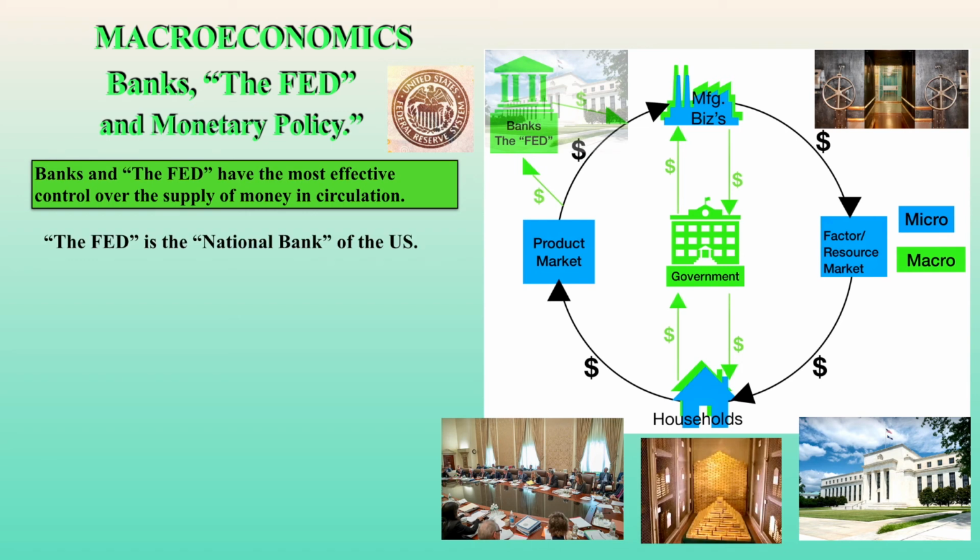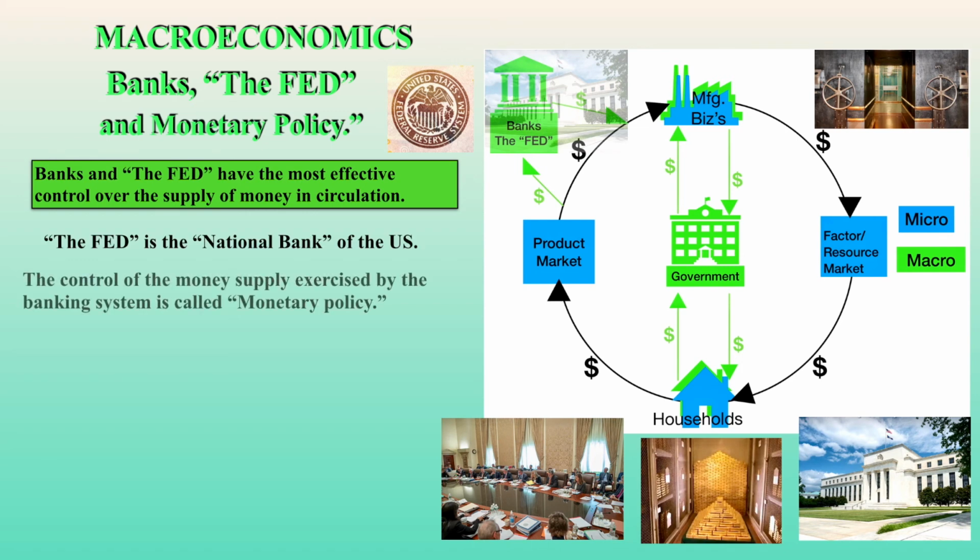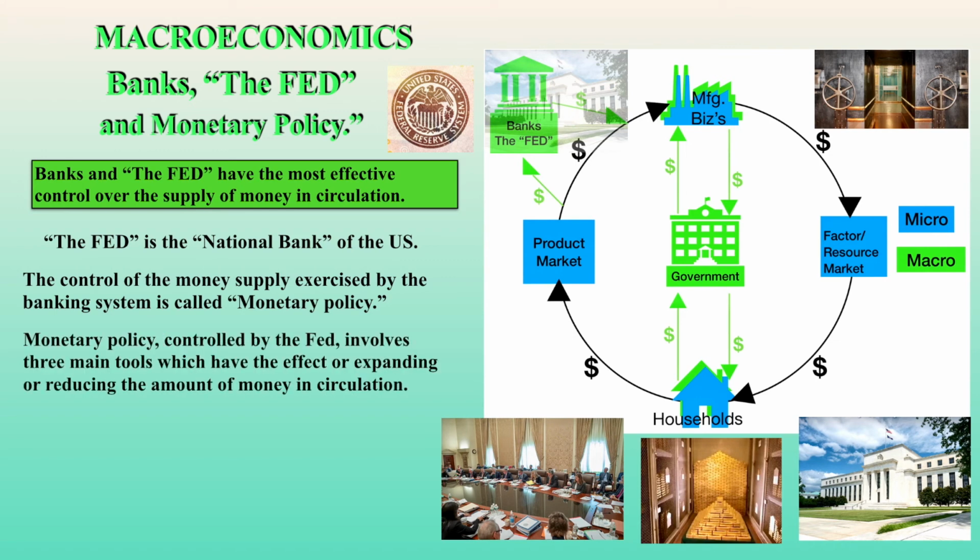The Fed is the national bank of the U.S. The control of the money supply exercised by the banking system is called monetary policy. Monetary policy controlled by the Fed involves three main tools which have the effect of expanding or reducing the amount of money in circulation.